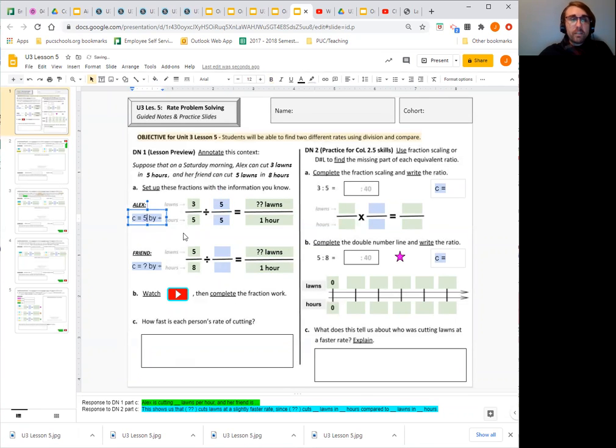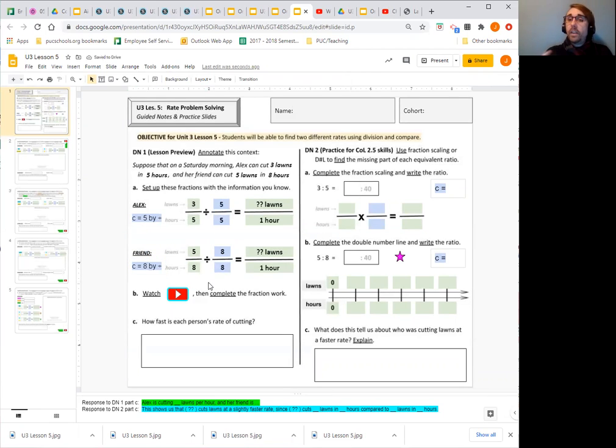So C equals 5 by division. And for the friend, it'll be 8 over 8, because we want to get the denominator to become 1 hour. No matter what the denominator was, it has to become 1 hour. So we can easily compare the two people, see what they're able to accomplish each hour. Okay, so the C value for the friend is 8. All right, so this is what you should have at this point.